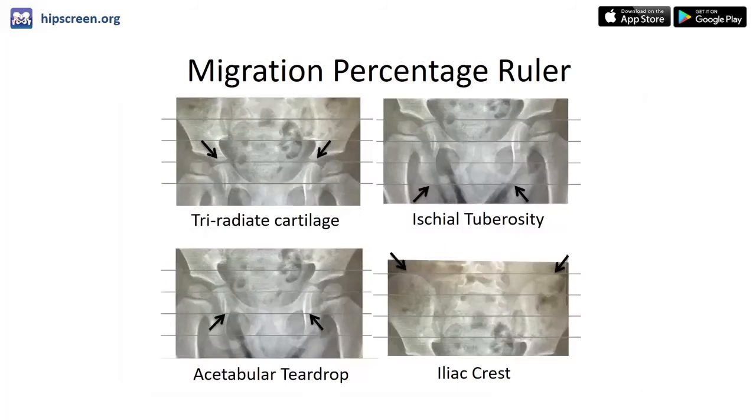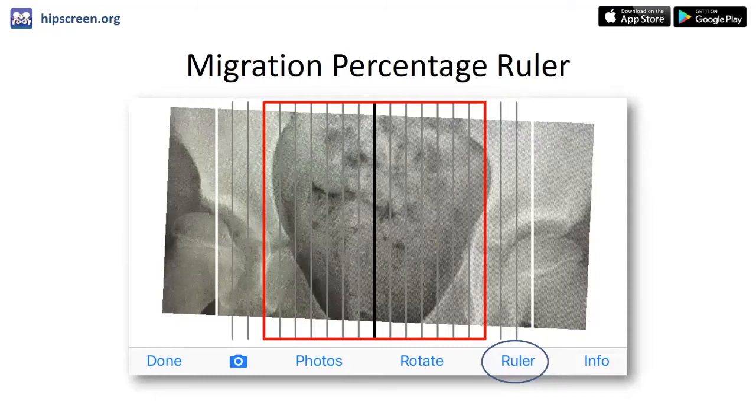The triradiate cartilage, as I mentioned, is your first choice, but you can also use the ischial tuberosity, acetabular teardrops, or iliac crest. Now, because the pelvis is now leveled in the horizontal plane, we can apply a ruler and then automatically make the measurements directly off of the screen without moving lines. And so I'll show you how to do that.